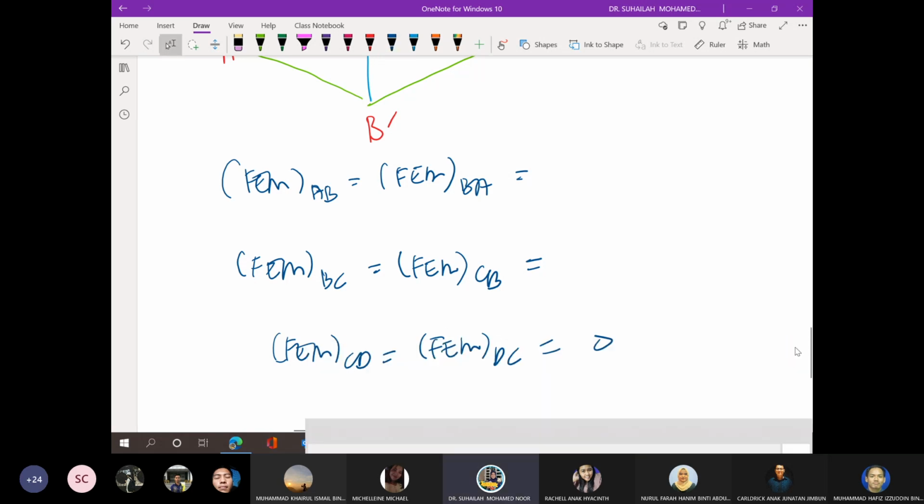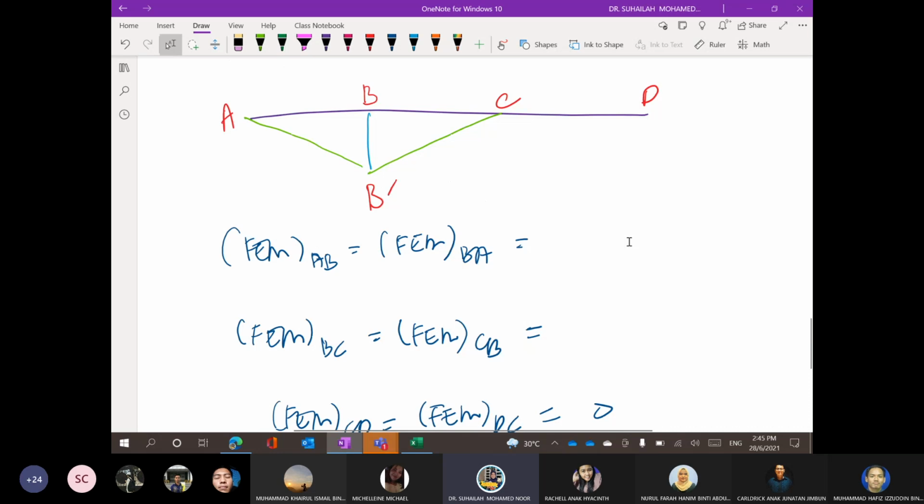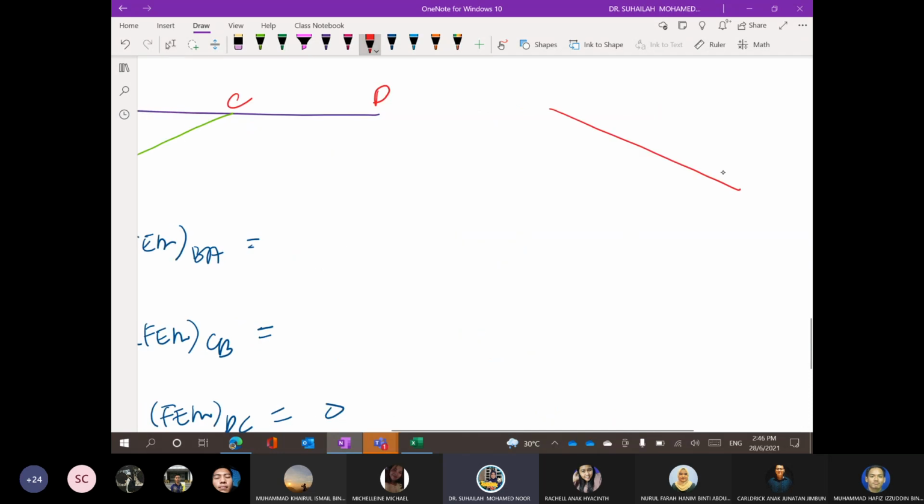Okay, look at AB. The direction is like this. The beam after settlement is like this, so we identify the angle: clockwise.